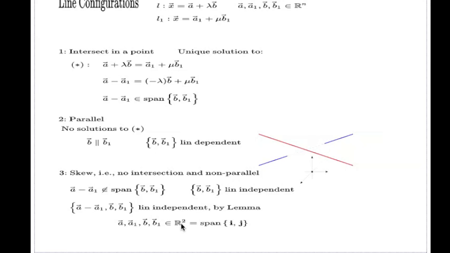And so where I'm heading is this: if you live on your plane only, these 3 vectors come from the plane, which is a span of 2 vectors, so they will always be linearly dependent because they come from a span of 2 and you already have 3 of them.